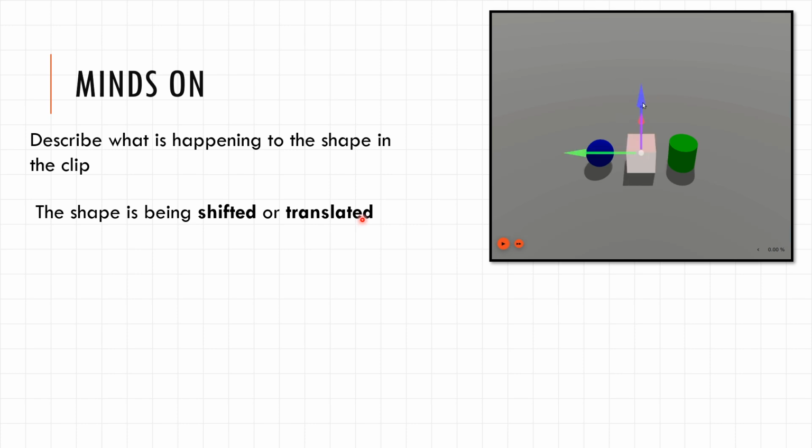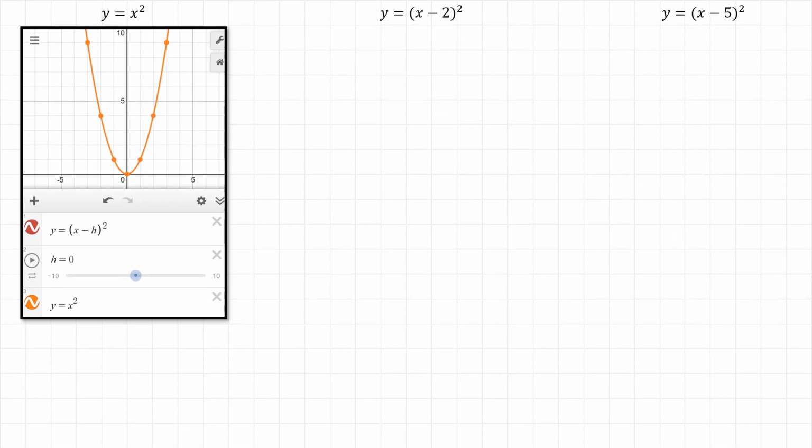Today we're going to do a quick investigation on translations of quadratic relations. So on Desmos, if you were to graph these three relations, and they're all quadratics, they all have a square here. These are quadratics of the form y equals x minus h all squared.